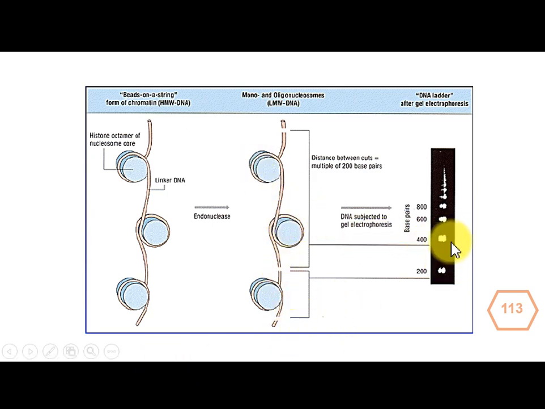And when you run it on an agarose gel, it looks like a DNA ladder. That DNA ladder only appears at the beginning of the DNA fragmentation. At the end of the DNA fragmentation, everything gets collapsed into 200 base pairs. Okay? So by looking at the proportion of the larger fragments, you will know at what time point of the apoptosis you are.